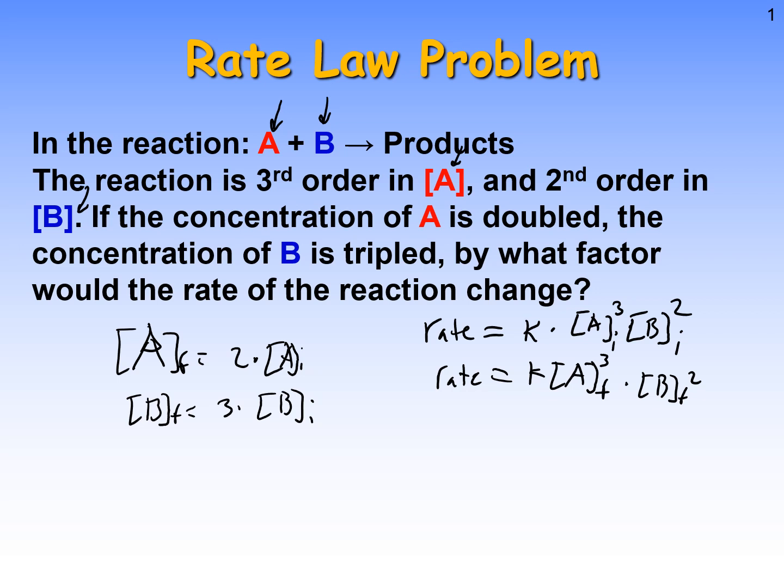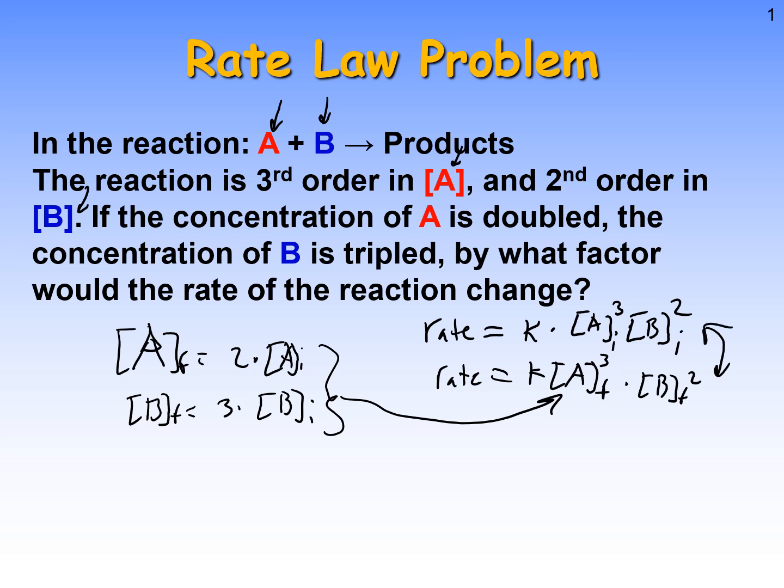Now, I can plug those into our equation here, just take both of these and plug them in. And then I can use the relationship between these two to solve this theoretically.